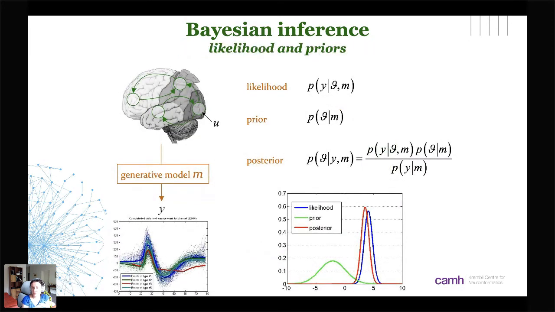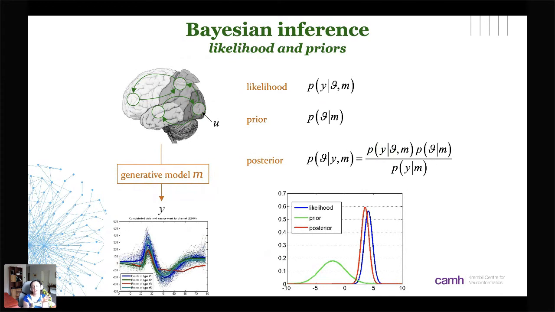Again, similar to fMRI, we propose prior, likelihood, and posterior. We propose a prior based on anatomical constraints, and we do the exact same thing. So we try to optimize the parameter estimates to maximally capture the observable data. One nuance to highlight compared to DCM for fMRI is that here we don't have to look at a specific region of interest.